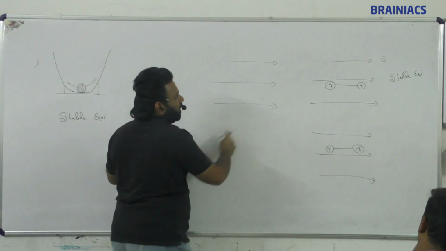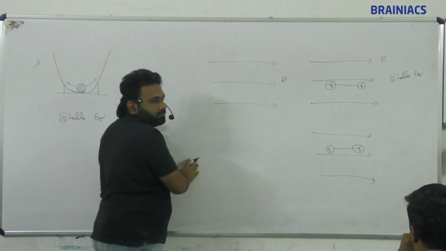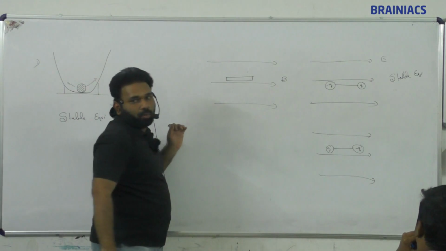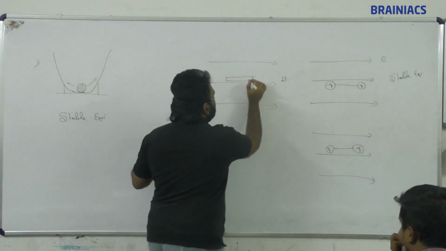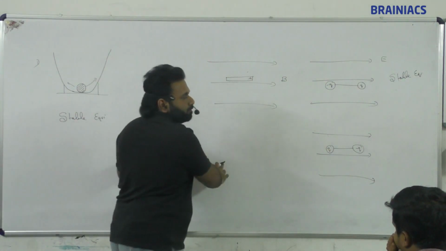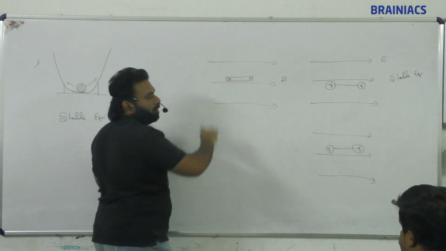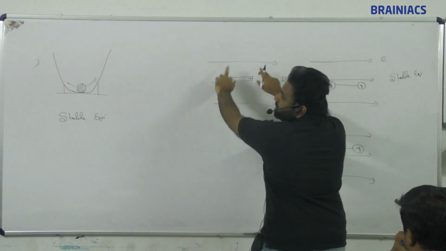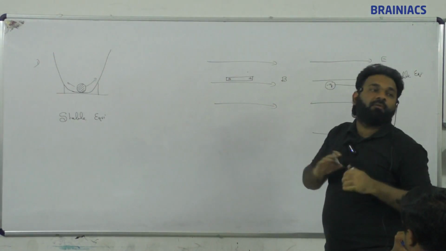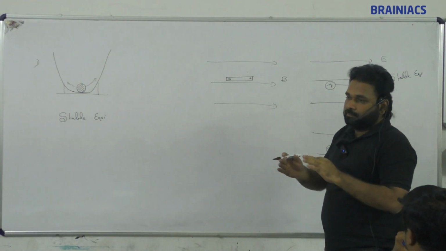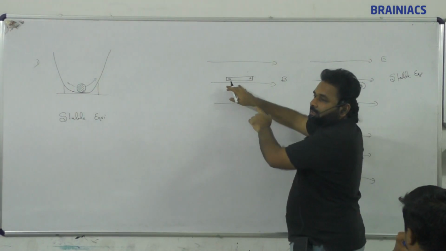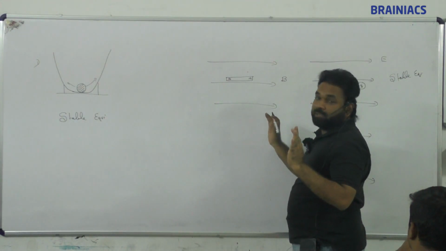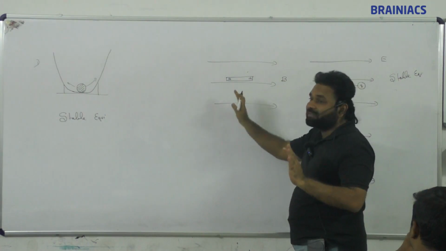Same thing if this is a magnetic field and we keep a magnetic dipole, this is the north pole and this is the south pole. If you displace it like this, it will have the same kind of experience. You might have covered moving charges and magnetism. At the end there is magnetism and matter, which discusses this a lot. There, pole strength will come.